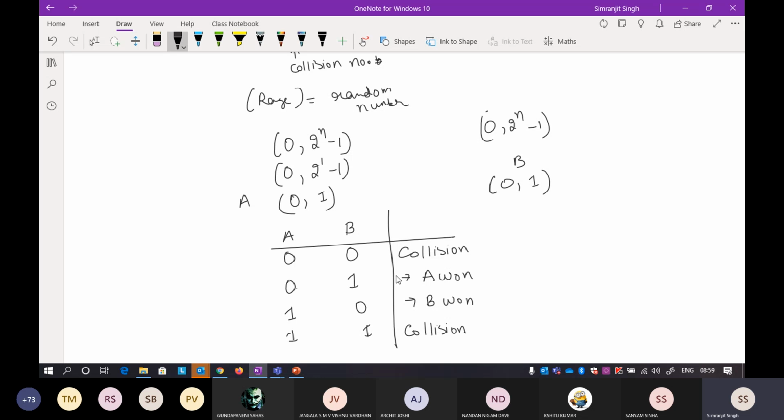These are all the possibilities between 0 and 1. Taking this particular scenario, A's waiting time is 0 and B's waiting time is 1.